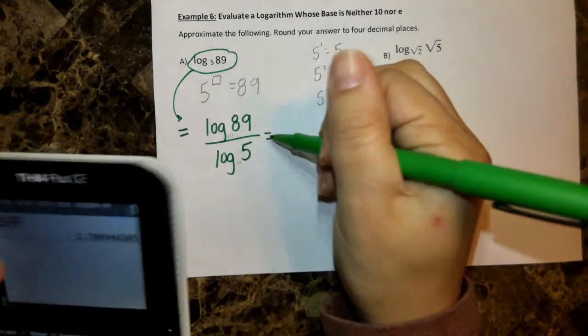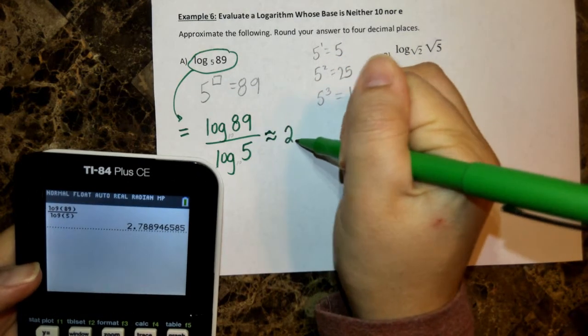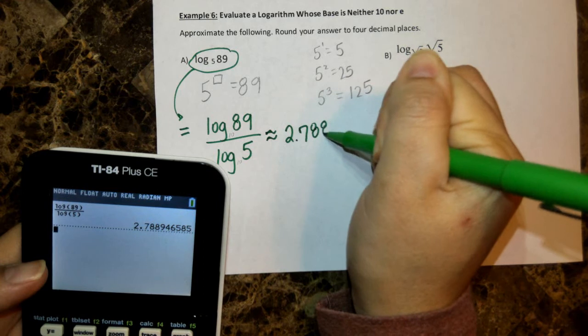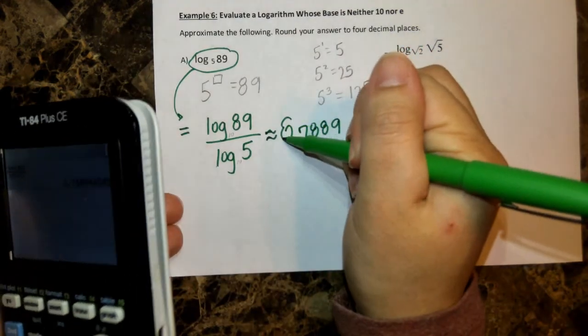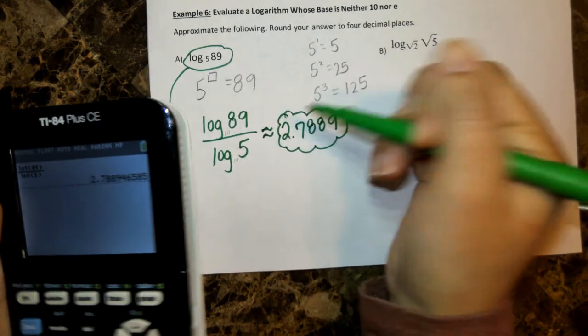2.7889 approximately. So I got about 2.78894, so the 9 just stays as is. It doesn't round up. And there's our answer.